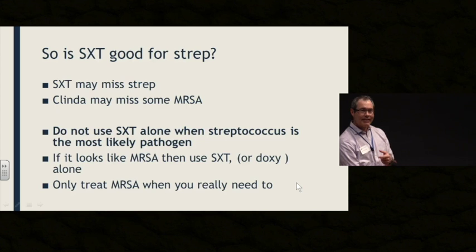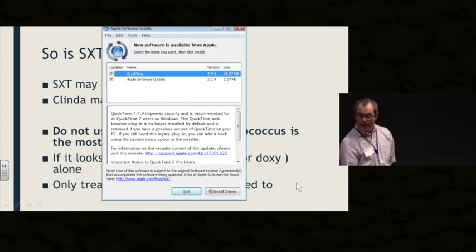One of the reasons I present this paper is I don't want you to read something like that and then think that Bactrim and Clinda are the ways to treat basic, uncomplicated cellulitis. Because really the Bactrim misses strep, and Clinda misses 20% of our MRSA here in Victoria. There's a better way to do this.